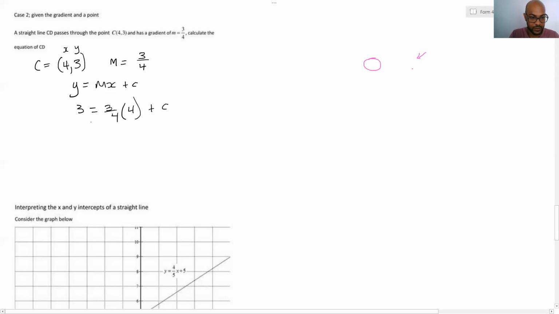plus c, right? If I multiply here, my 4's will cancel. I'll remain with 3. I move the 3 across, I'm going to get 0. So here, the equation is going to be y is equal to 3/4 x, and I don't need to put plus 0, because 0 doesn't hold any value there.